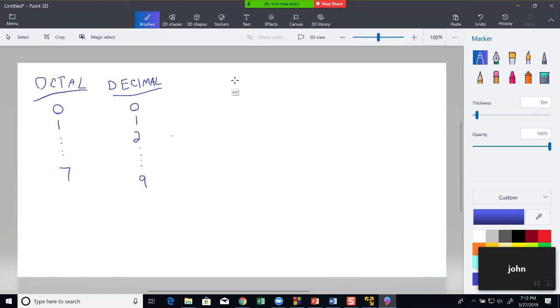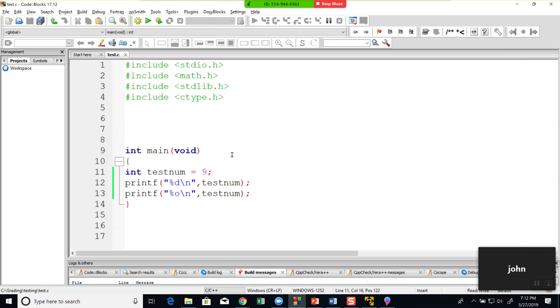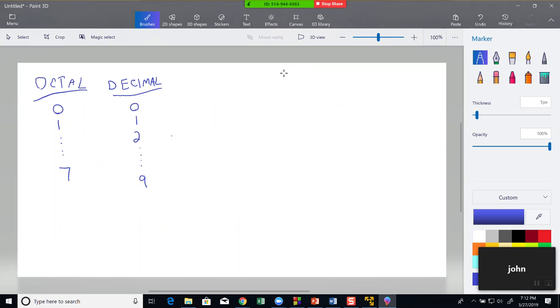And the problem I chose was 9 in decimal, base 10. So I'll put a D there for base 10. Now to change that to octal, you look at your digits here.